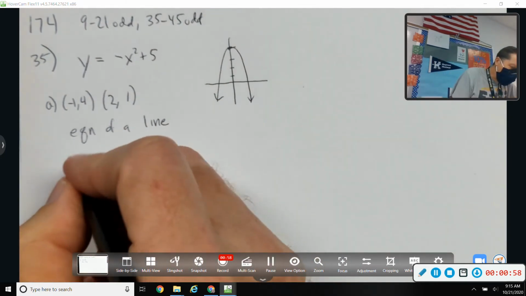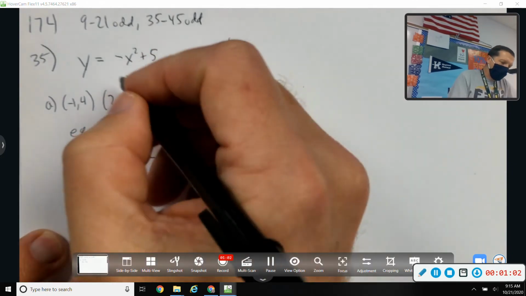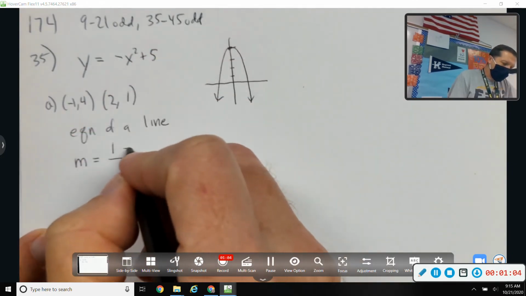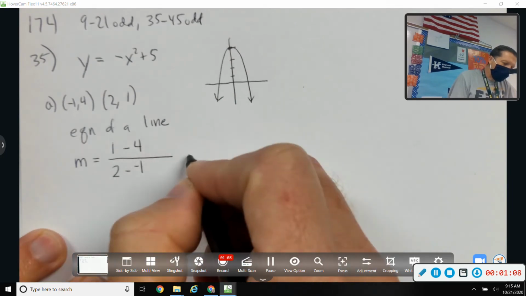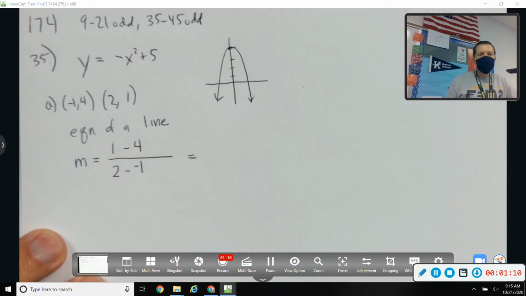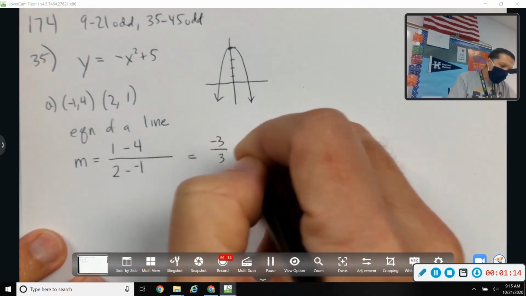The slope of a secant line would just be good old algebra 1 stuff. So y2 minus y1 over x2 minus x1. So negative 3 over 3 is negative 1.